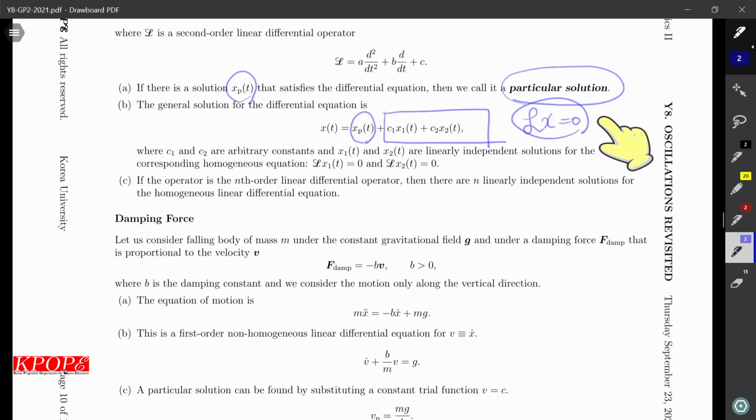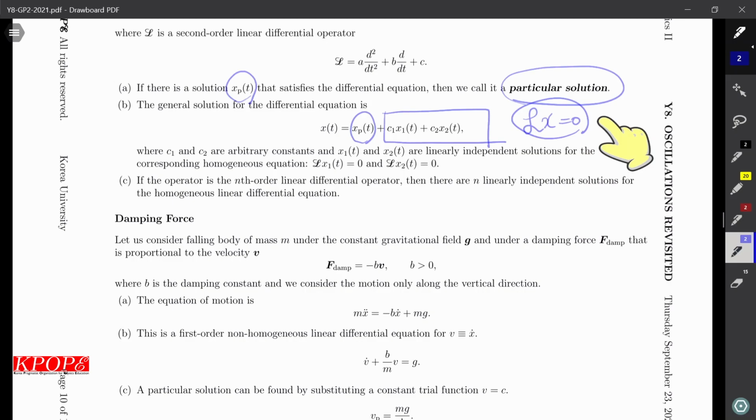So the homogeneous differential equation solution is always necessary to find the general solution for the non-homogeneous differential equation. The particular solution can be obtained by chance or by inspection, depending on your experience, and mostly they can be obtained trivially.